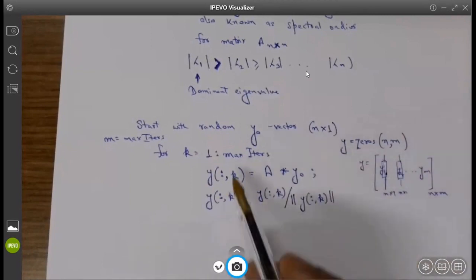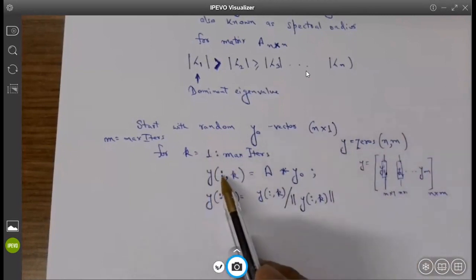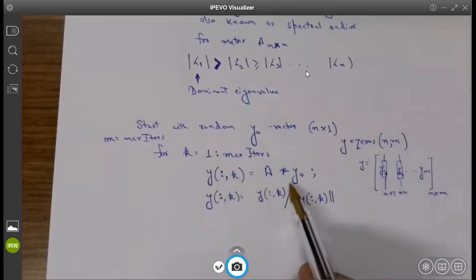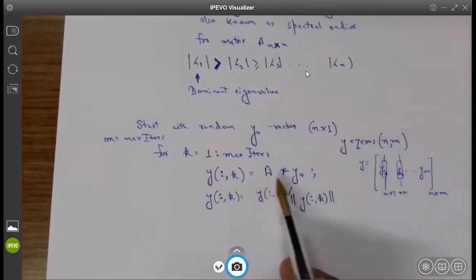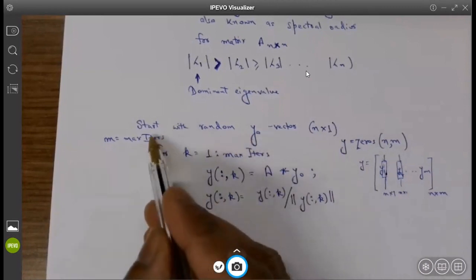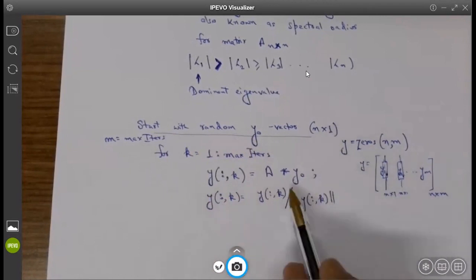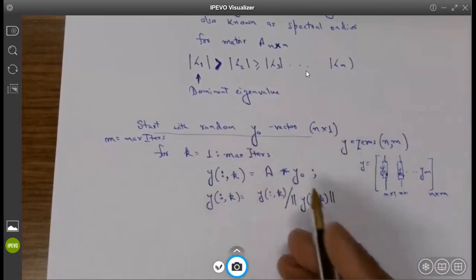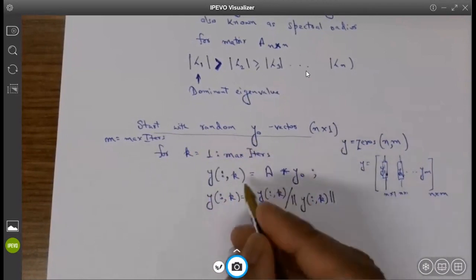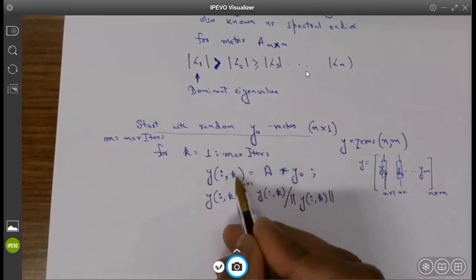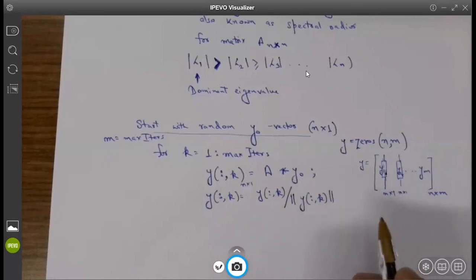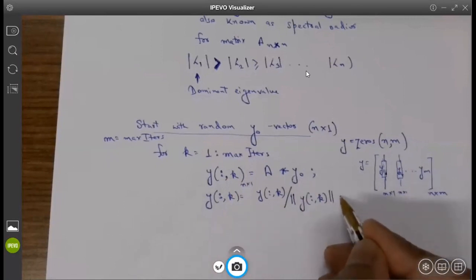Then when you are doing the loop, for every increment you are populating that y matrix using this matrix multiplication. So when you multiply A with y0, a random vector of n cross 1, you will get another n cross 1, and that is getting stored in the kth column. Does it make sense? Yes, thank you.